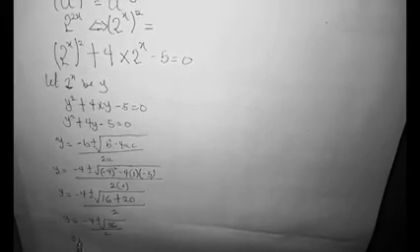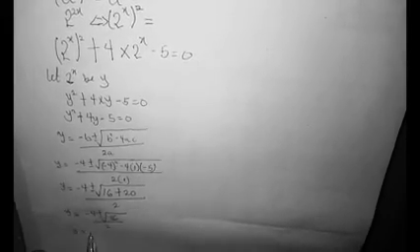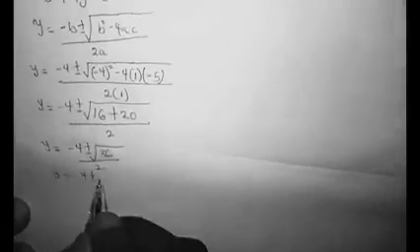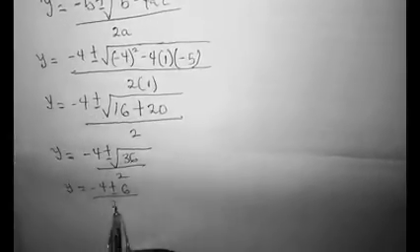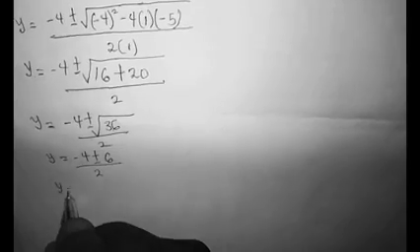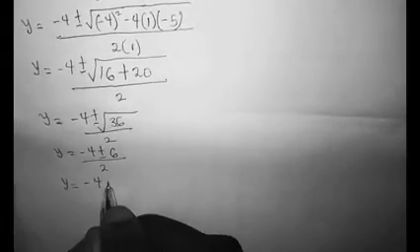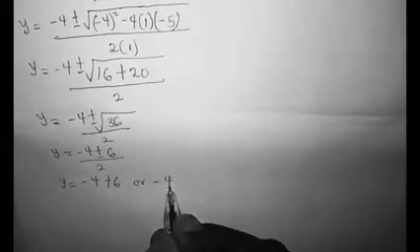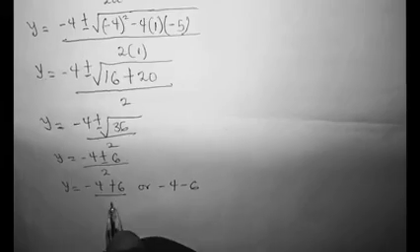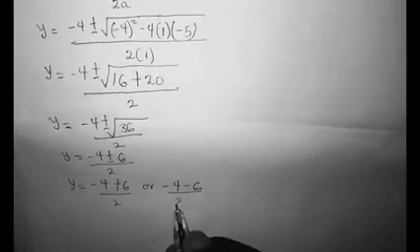And that will give you y equals minus 4 plus or minus 6, because the square root of 36 is 6, all over 2. So now split them: minus 4 plus 6, or minus 4 minus 6, all over 2.